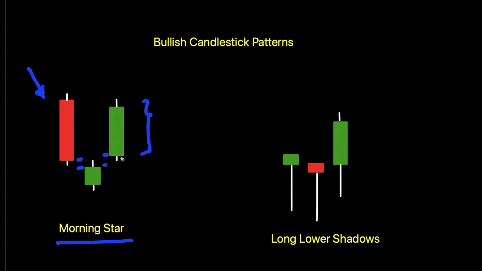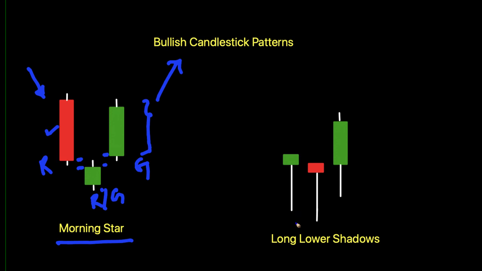So then we have a 3 candlestick pattern. This is a red candle, this is either red or green, and this should be a green candle. If you spot this pattern at the lower band of the Bollinger Band or the middle band of the Bollinger Band, the market may start the uptrend from here.